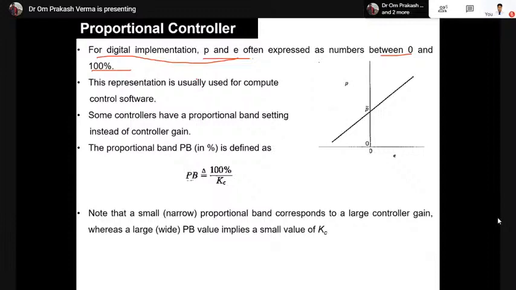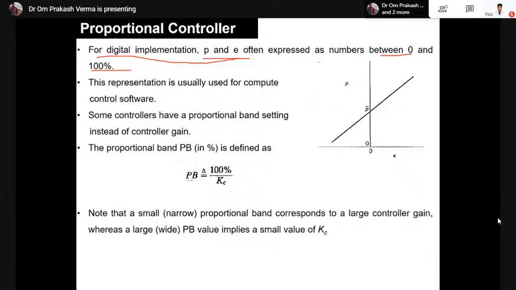So for the digital value, the proportional controller's number lies in percentage. Percentage means what percentage of the valve we are going to open or close. Ultimately, the command of the controller is transferred to the final control element.